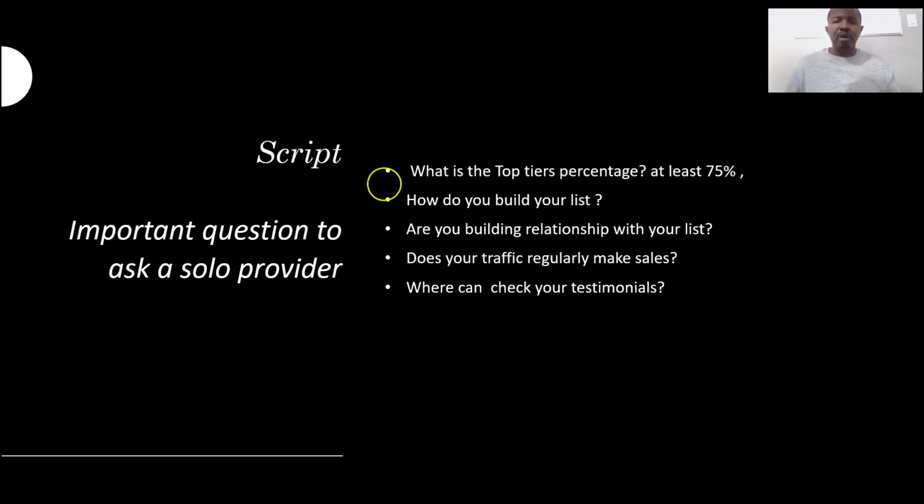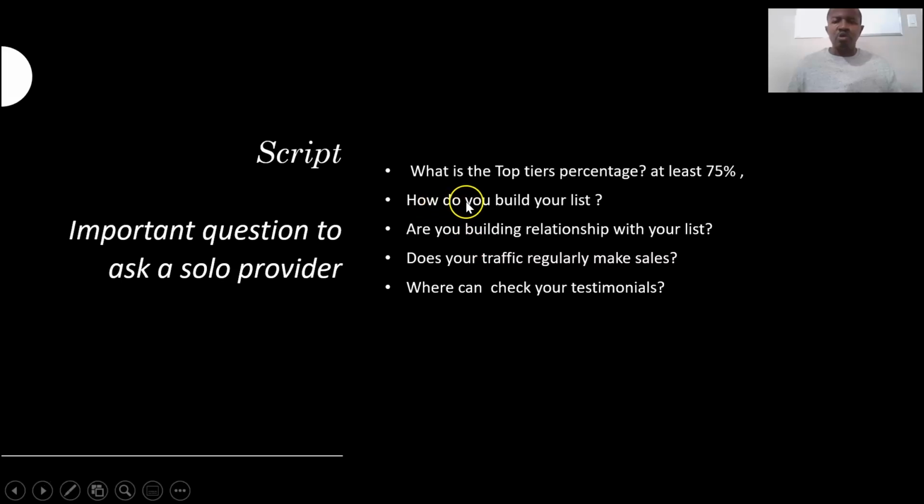So for example, what is the top tier percentage? It's very important because you want to make sure it's at least 75%, because you want to make sure that people who have the money power click on your offer.